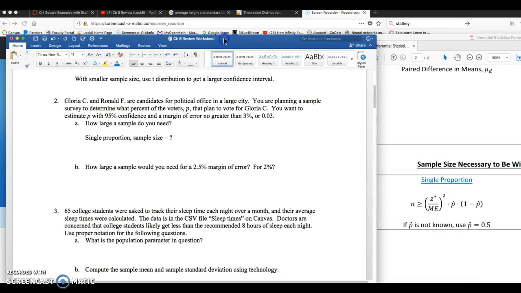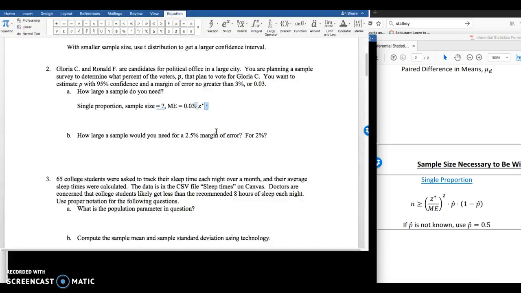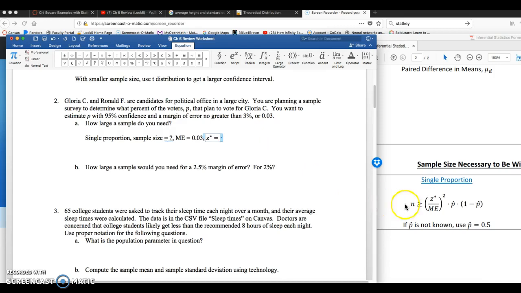All right, so I want to keep this on the screen. We'll go back to the worksheet. Sample size, what we're looking for. We're given the margin of error is 0.03. And let's see, what about that z star? Z star, if we're looking at 95% confidence, we could figure that out in StatKey, or that's 1.96, or approximately 2.